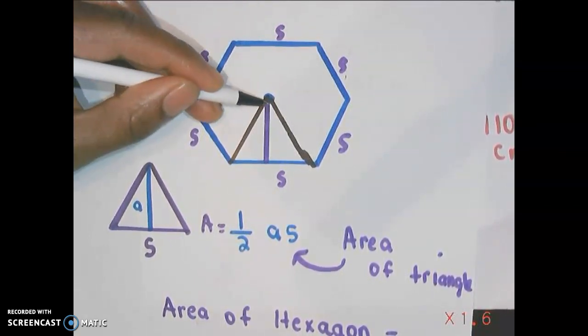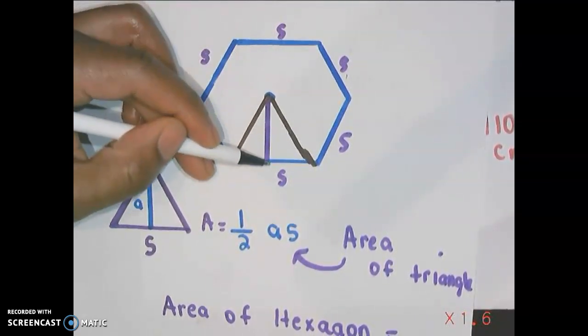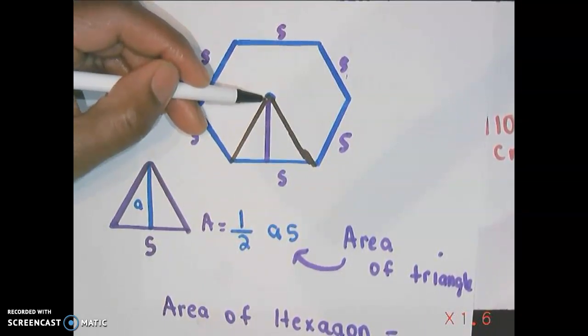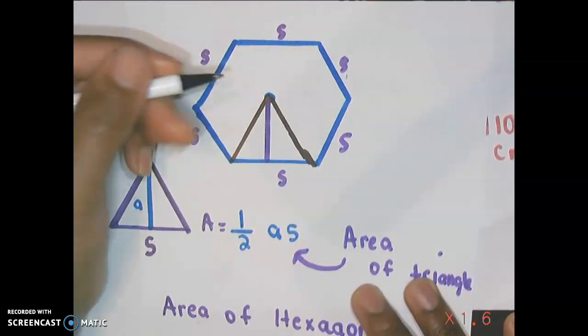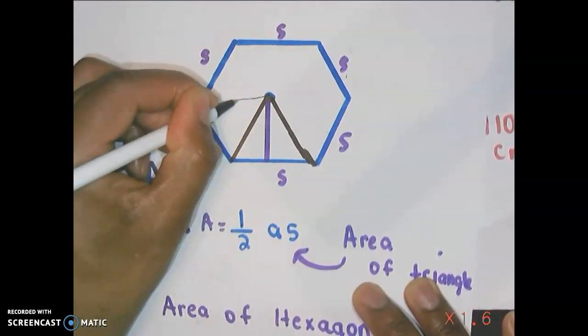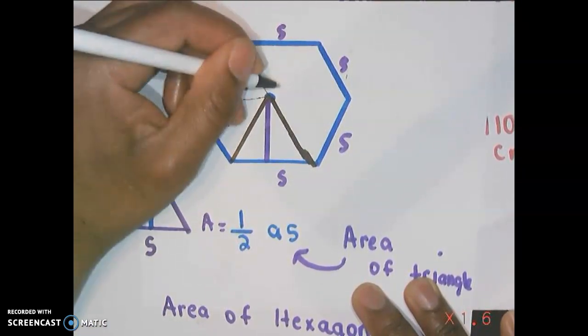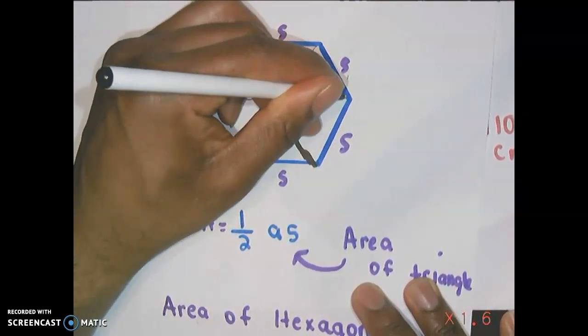Here, this is the center of your circle. This purple line would be your apothem. If you draw a line segment from the center to any one of these vertices, that becomes your radius. I can draw a radius here, here, here, here, and here.